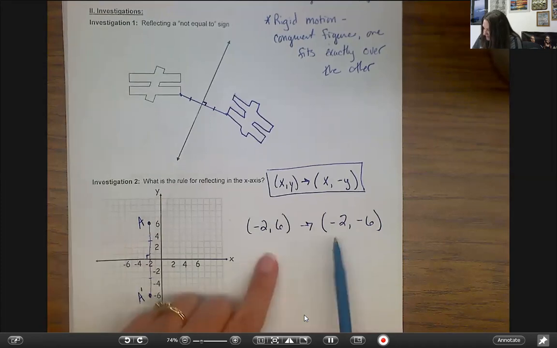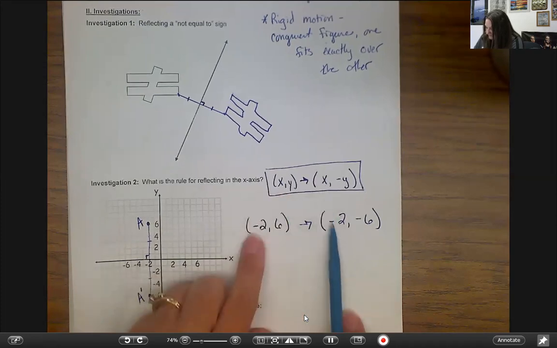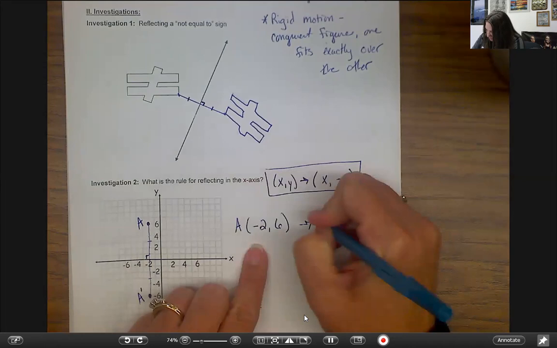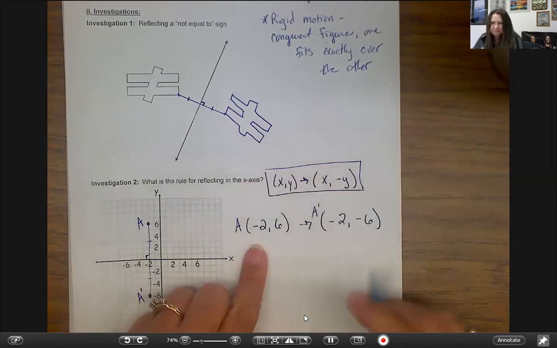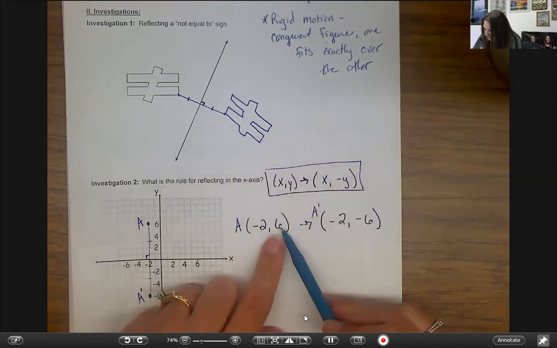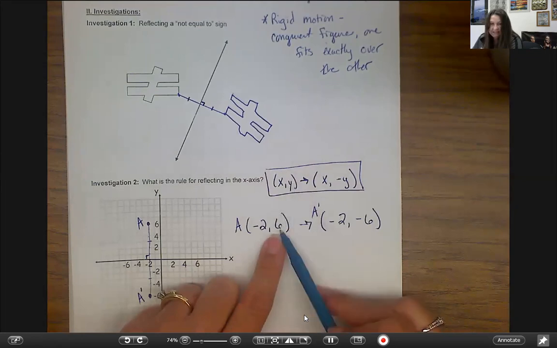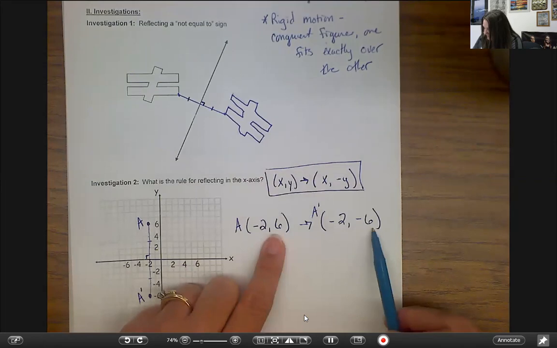But hopefully you recognize the relationship between these points. The x coordinate stayed exactly the same. It was -2 and it's going to be -2. This is my pre-image to my image. And then the pre-image point coordinate of y was 6. It goes now to -6.